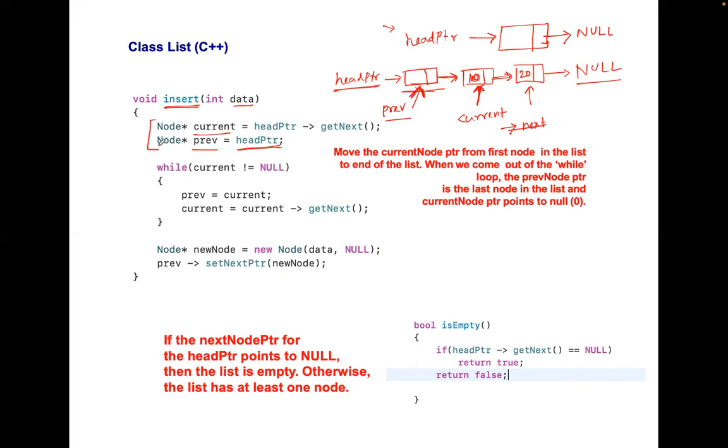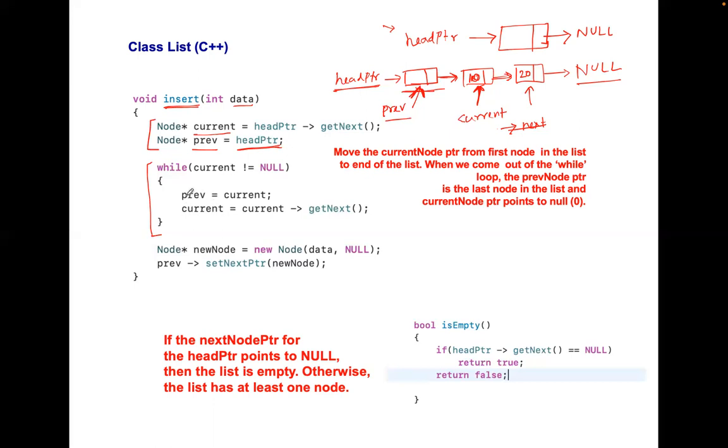All right, and now we are going to run an iteration. Each iteration we are going to move the current node using the next pointer. Current will be the next of current and previous will be the current. What does it mean?